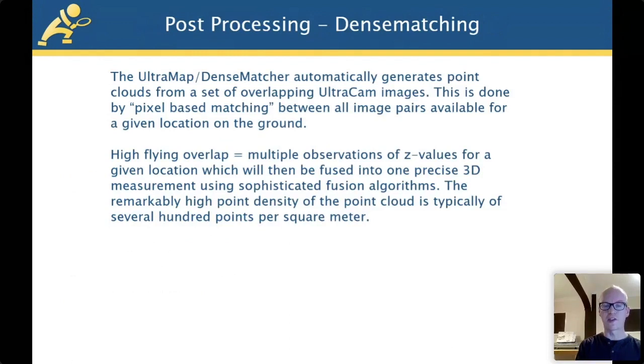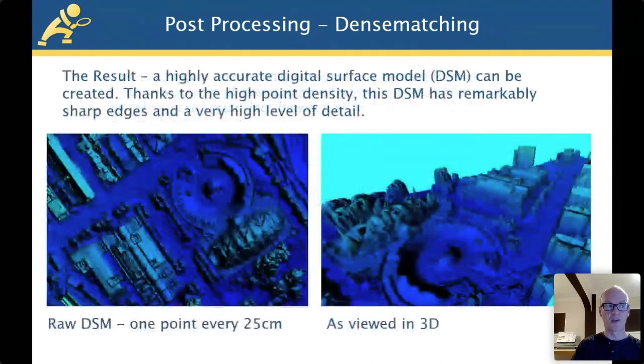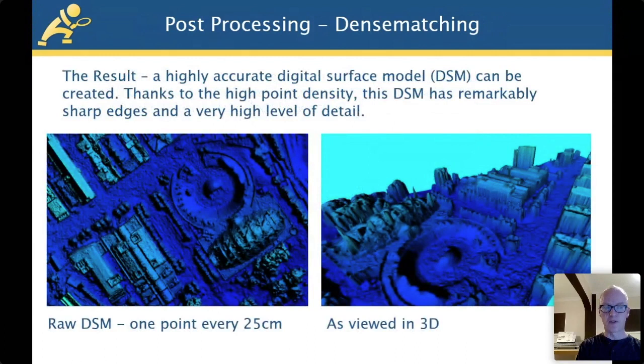We've got all these common pixels, and all of these common pixels will have values. It can calculate the value of X, Y, and Z for every pixel in the data set. So when it's got this amount of information, it can do a massive amount of number crunching and produce a 3D surface model. So with the positional information of every pixel, it will produce what's called a digital surface model, which is a 3D model.